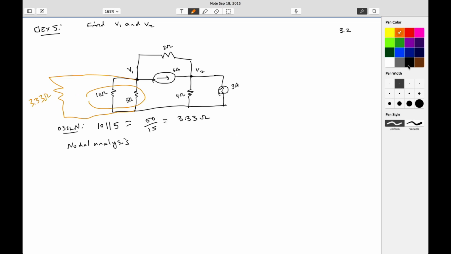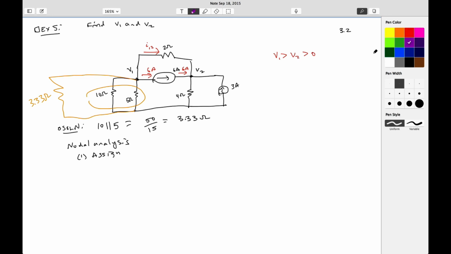So for nodal analysis, step 1, which is assign, our node voltages are already assigned. I just need to assign currents. What I notice is that there's a current here, which is 6 amps. No matter which spot I am, that's 6 amps. I have a current going from 1 to 2 because we assume that V1 is greater than V2 is greater than 0.